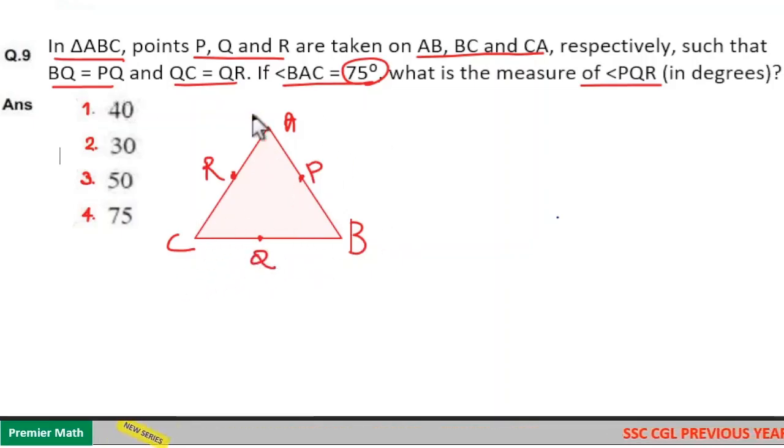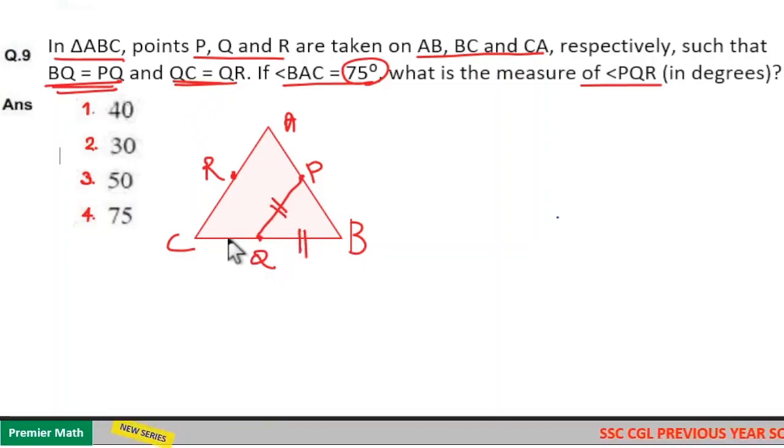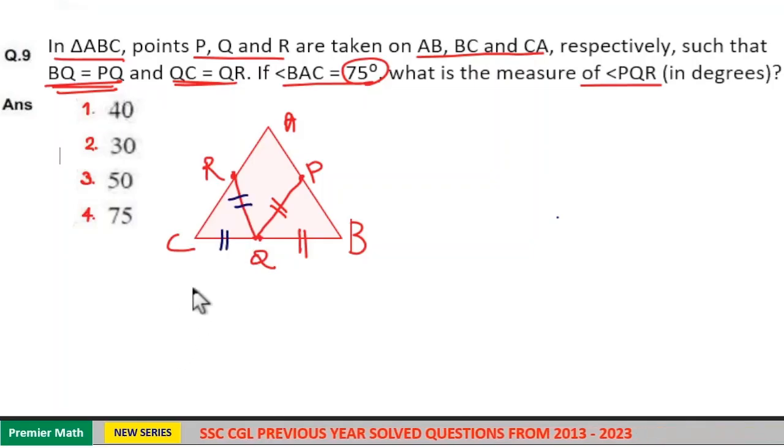And here, BQ is equal to PQ. So these two sides are equal. And QC is equal to QR. So these two sides are equal. Now angle BAC is 75 degree, and we have to find the angle PQR.